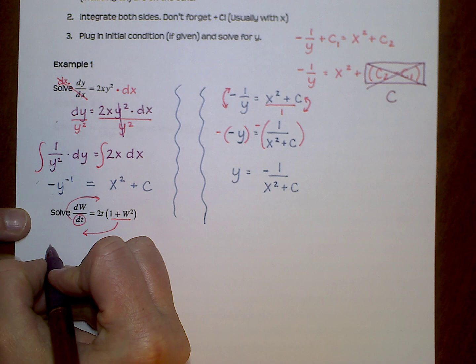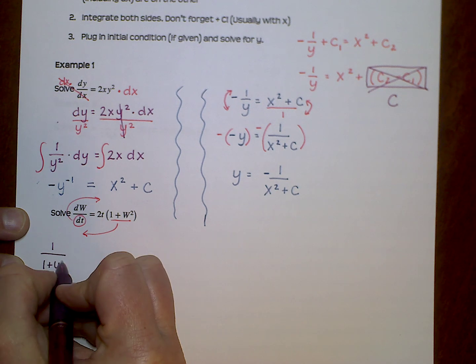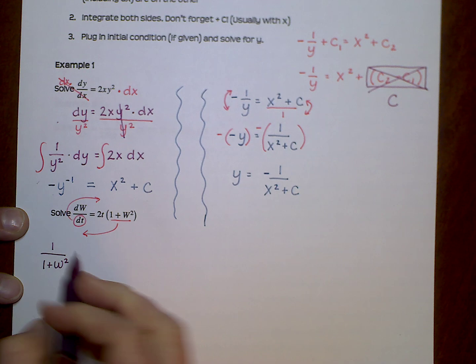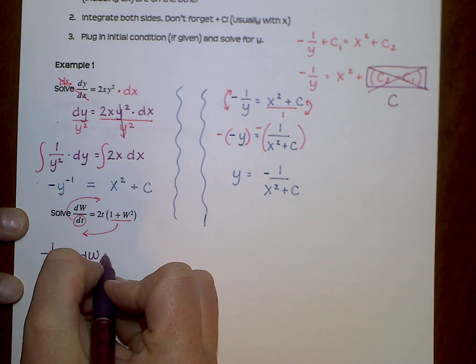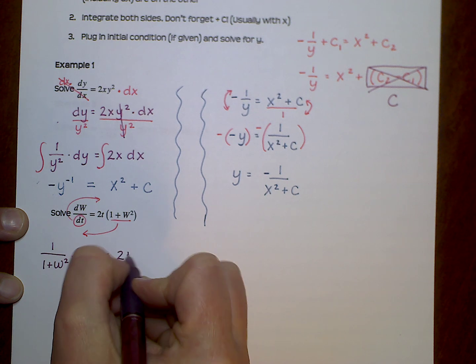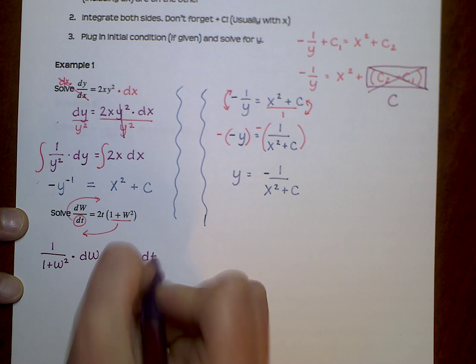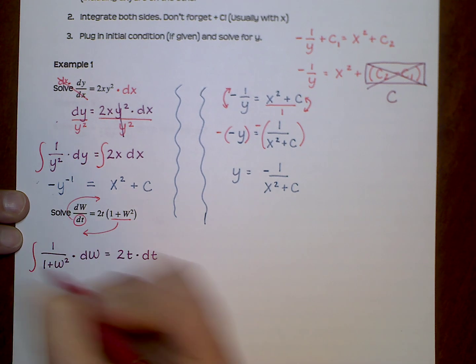This side is going to become 1 over 1 plus w squared times dw. This other side is going to become 2t times dt. So I've got t's on one side, w's on the other. And then I'm going to integrate.